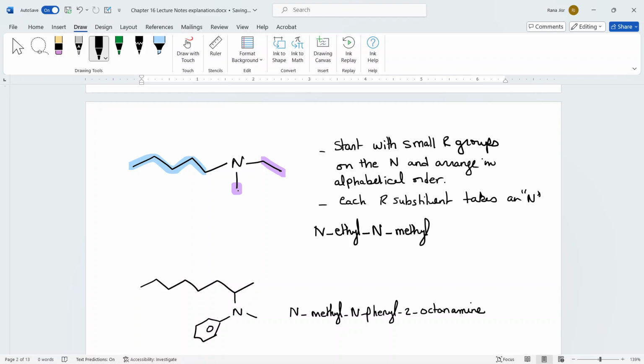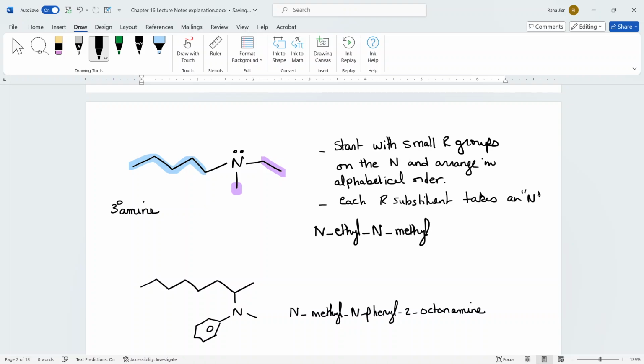I cannot drop the N because if I drop the N in there, I don't know where the ethyl and the methyl are. Here it's telling me that the ethyl is on the nitrogen and the methyl is on the nitrogen. Notice here I have 2 N's. 2 N's means I'm working with a tertiary amine.